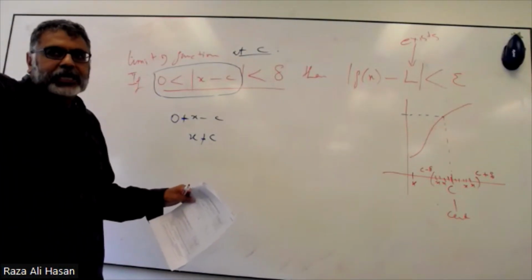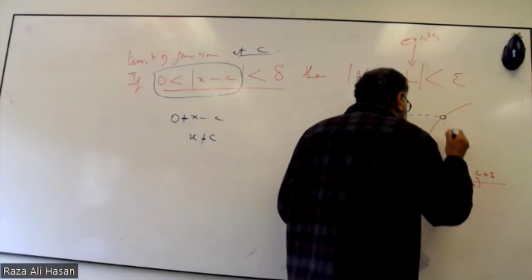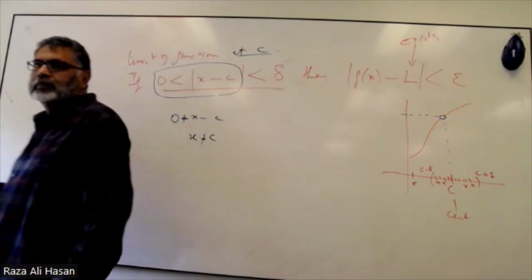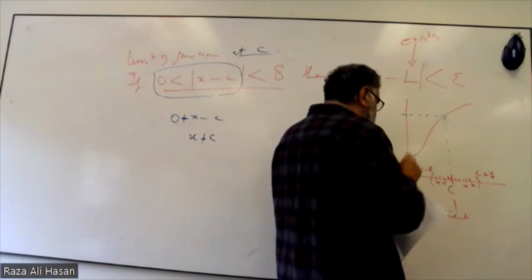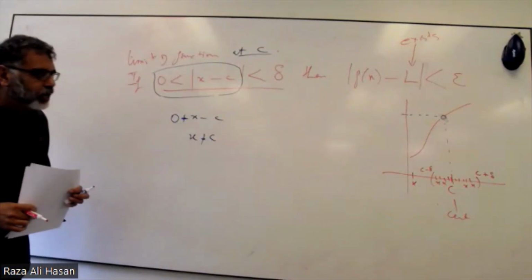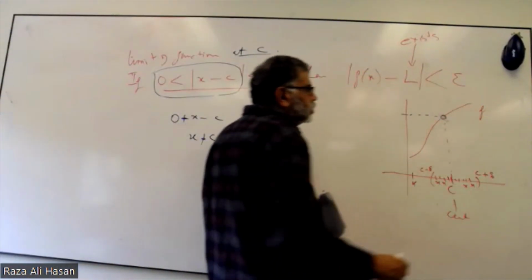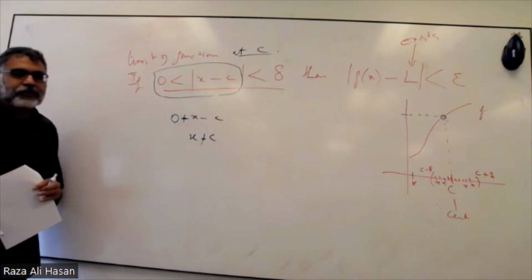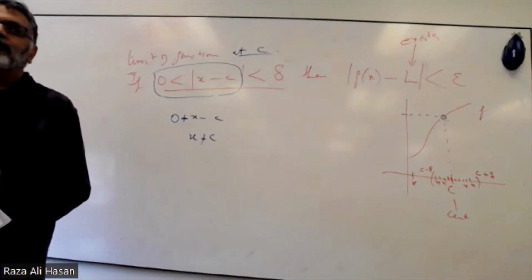For you, I'm going to stick in a hole right here. There you go, there's a hole. What does this say? I'm going to do it in red. We have a graph of function f. And at C, is the function defined or undefined? Very good.